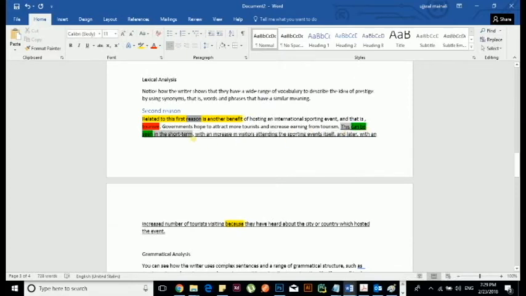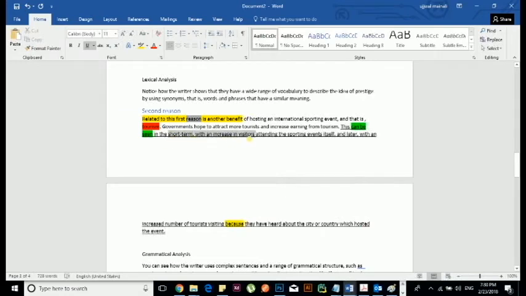This can be seen in the short term with an increased number of visitors attending the sporting event itself, and later with an increased number of tourists visiting because they have heard about the city or the country which hosted an event. In the very first, the sentence is in passive voice, and it covers two statements.